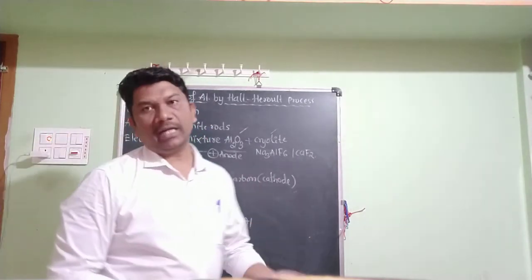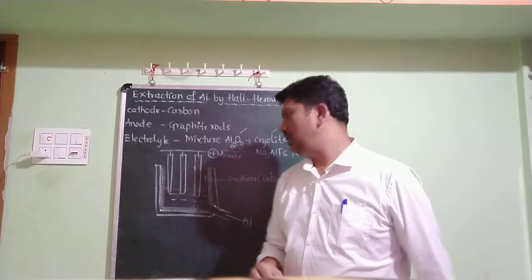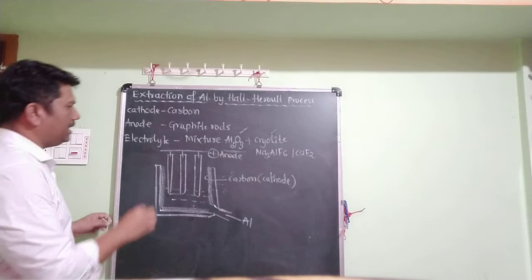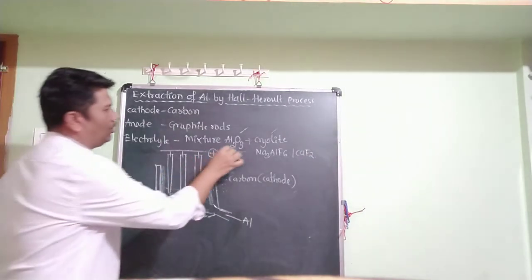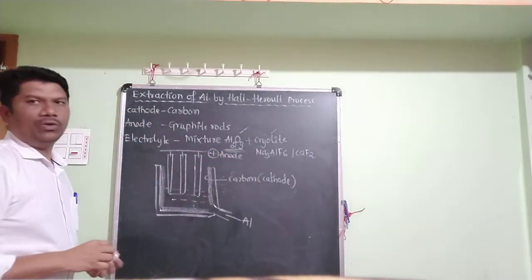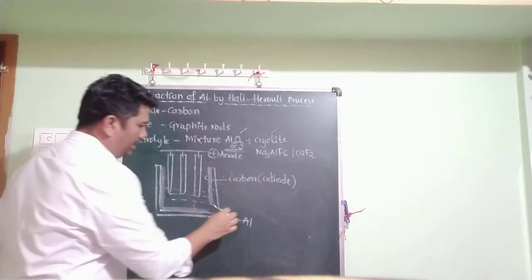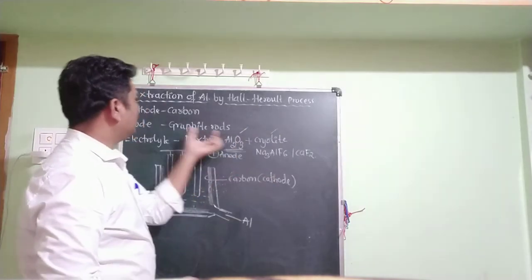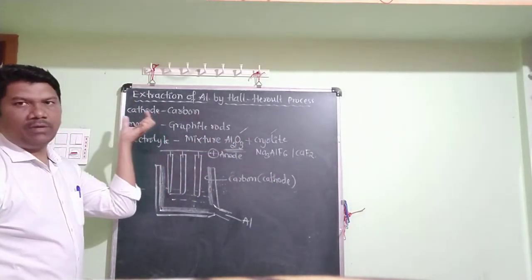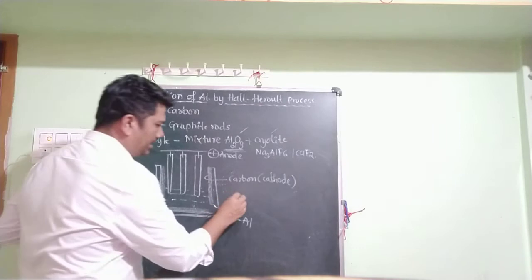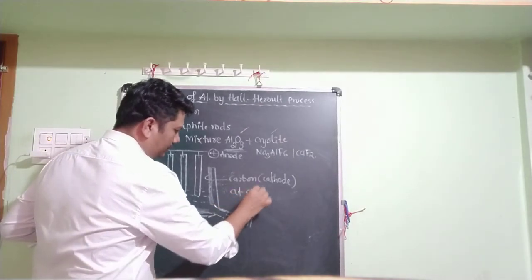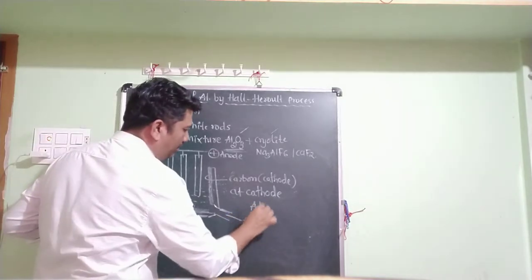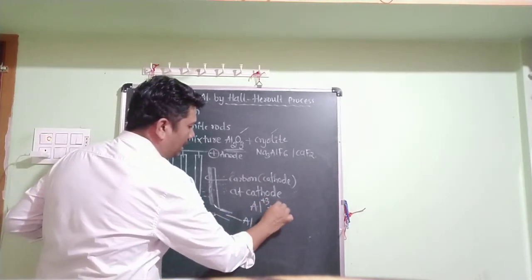Now electrolysis means you have to pass the current. On passing electric current, what happens here? This alumina undergoes reduction. The reduction reaction always takes place at cathode. So at cathode, there is aluminium Al+3. It undergoes reduction.